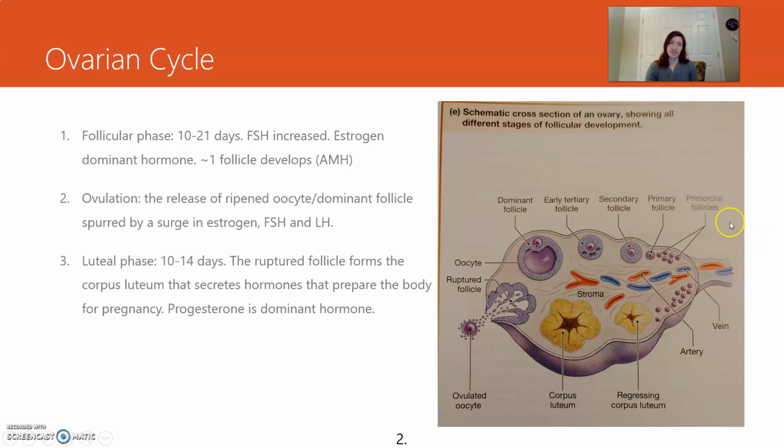And what happens is there's a surge in FSH and LH, which prompts these follicles, these primordial follicles, to develop. However, we don't want more than one follicle developing. Why? Because more than one follicle developing is dangerous for the female.